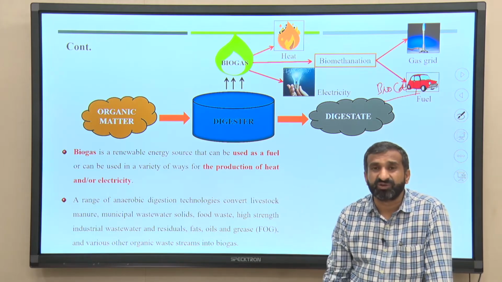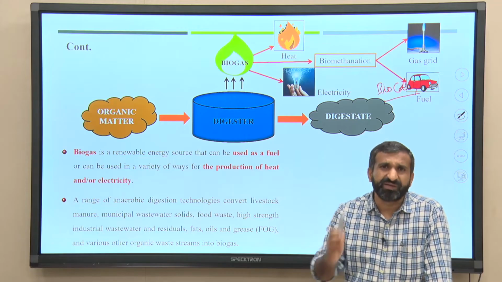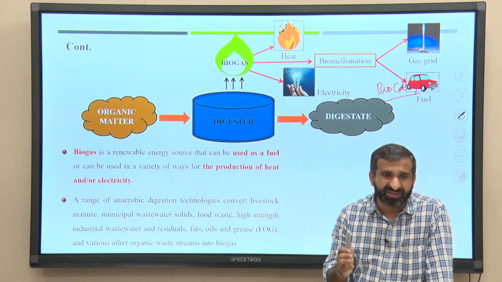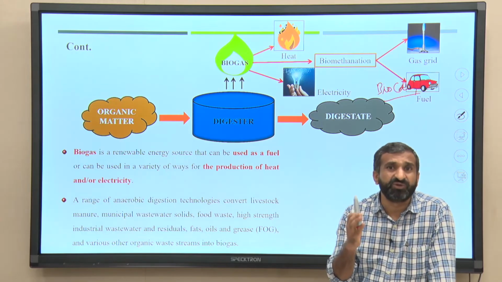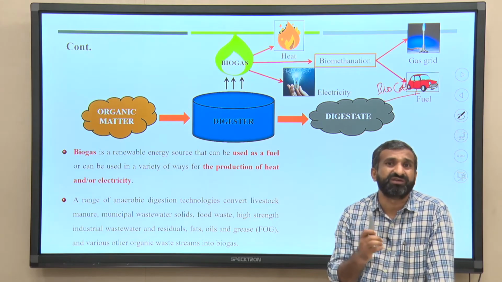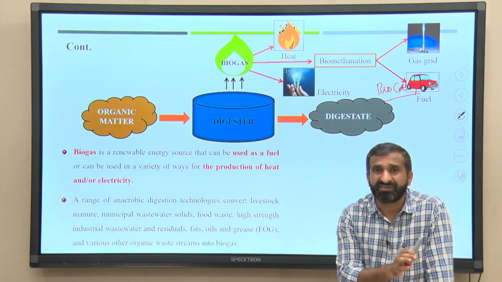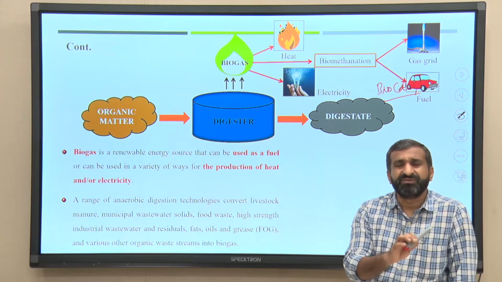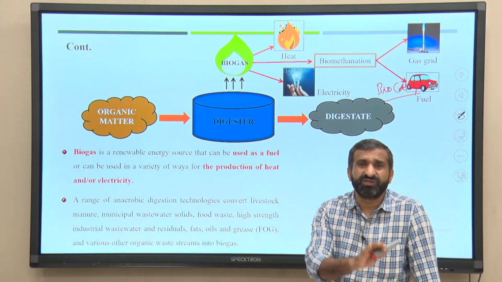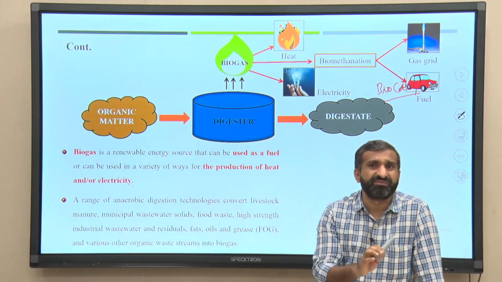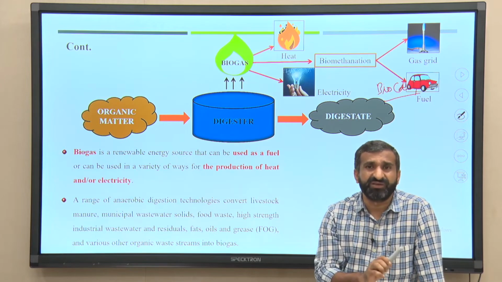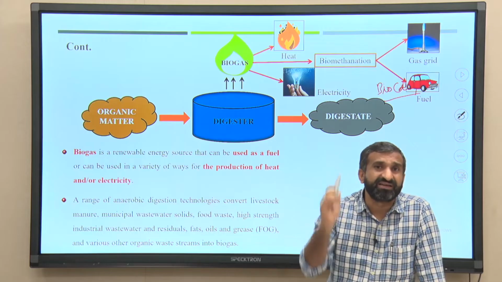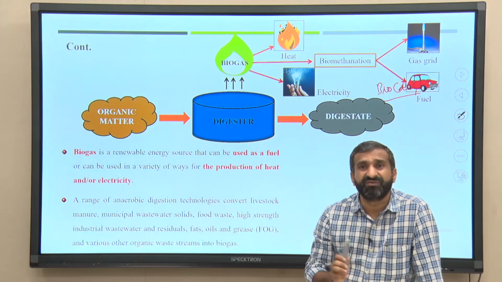So low sludge production is the major benefit of anaerobic digestion, and it can also take high BOD5 wastewater. In an aerobic system for wastewater or sewage treatment we can go up to 200-300 milligram per liter BOD5, but in an anaerobic system we can go up to 700-800 milligram per liter BOD5.